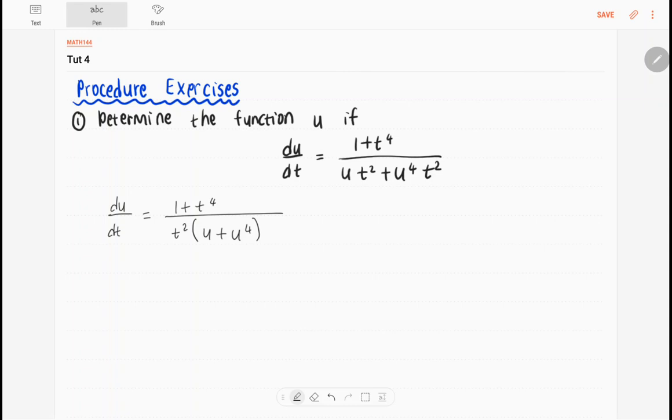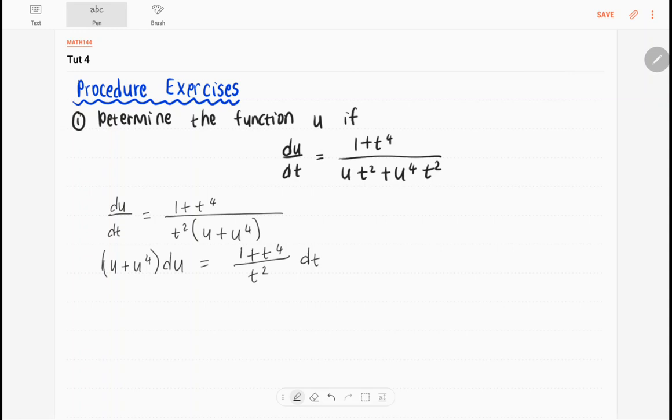So I'm going to take all of my u's to the left hand side and all of my t's to the right hand side. So then I have (u + u^4) du equals (1 + t^4) over t squared dt.